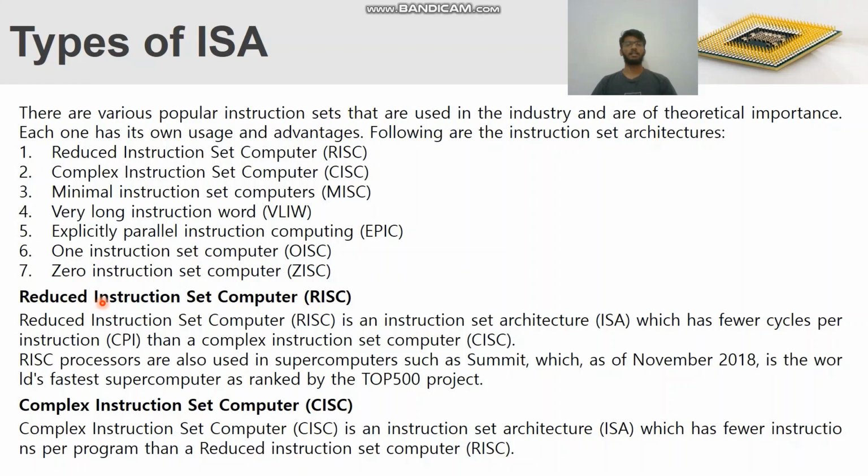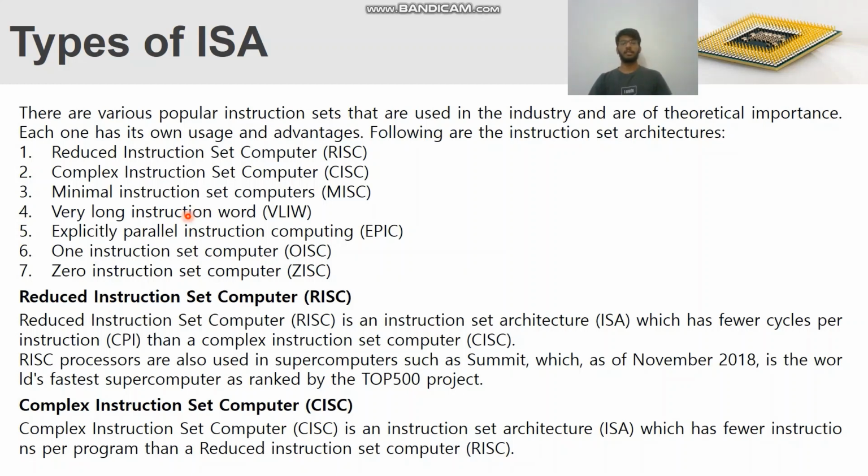The RISC architecture contains primitive and basic instructions which can be carried out in fewer cycles per instruction, and that primitive set of instructions can be used to carry out more complicated instructions, such as using the addition instruction to carry out a multiplication in a RISC architecture CPU.